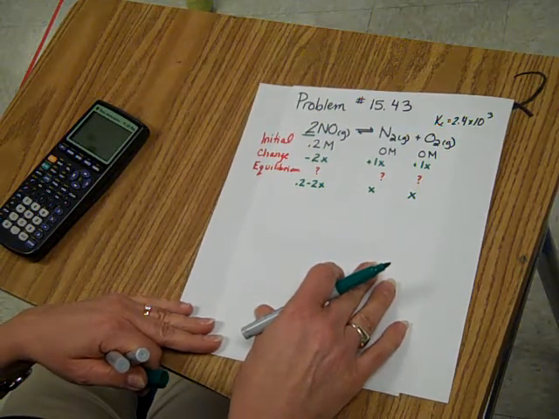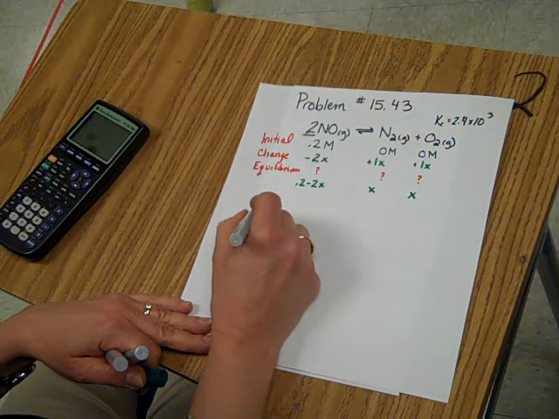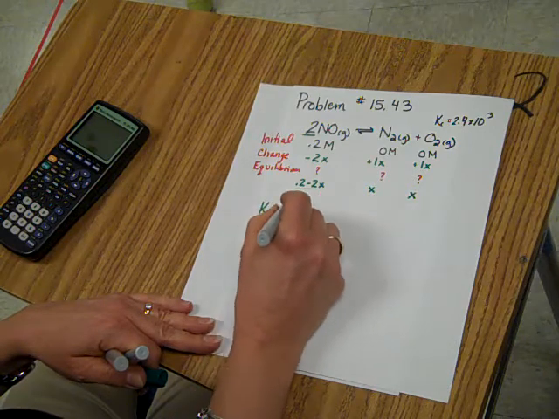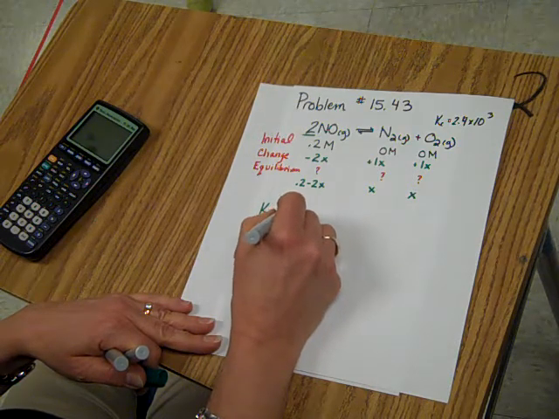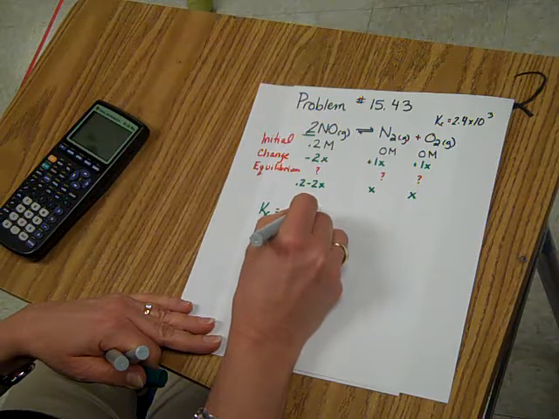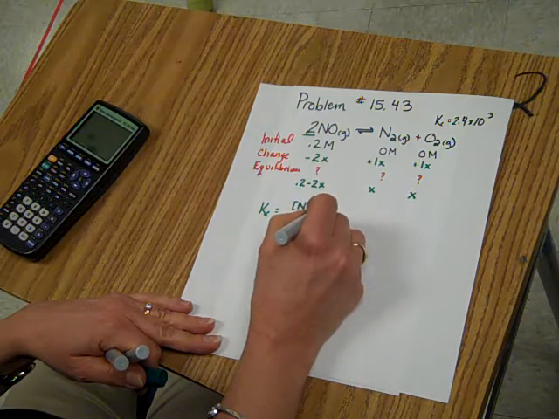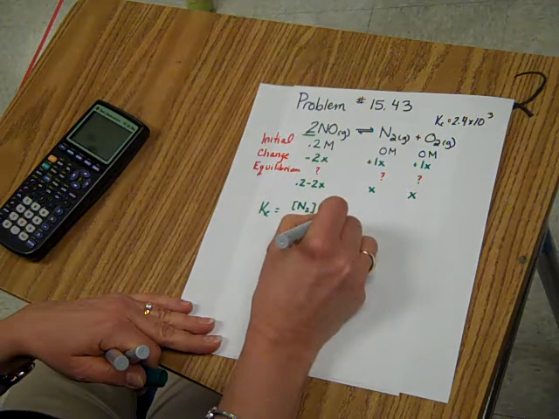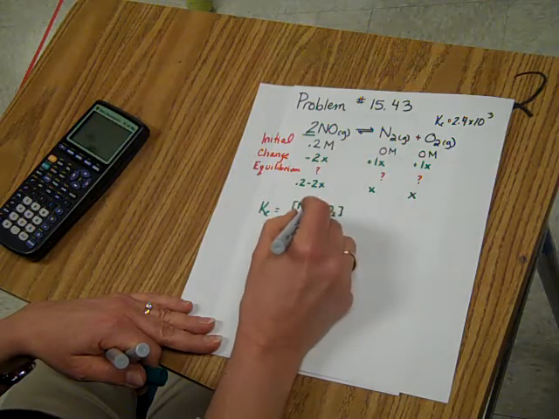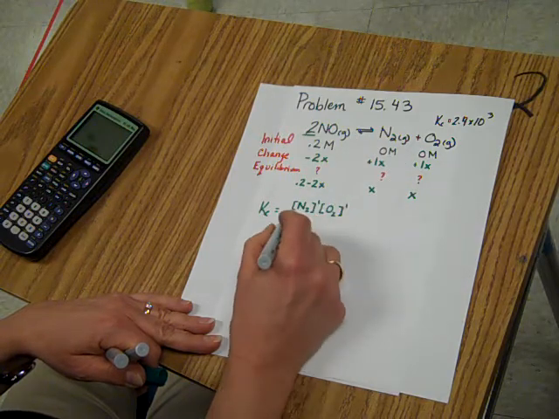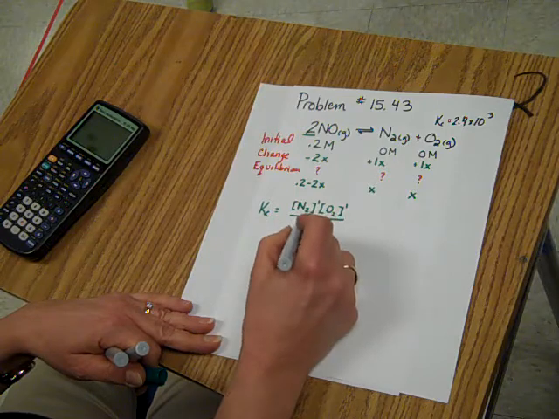Now, all we have to do is write our Kc expression. Remember, that is products over reactants, and you raise each chemical to its coefficient. Both of these have a coefficient of 1, so you can write a 1 or just leave it, since it's an understood one.